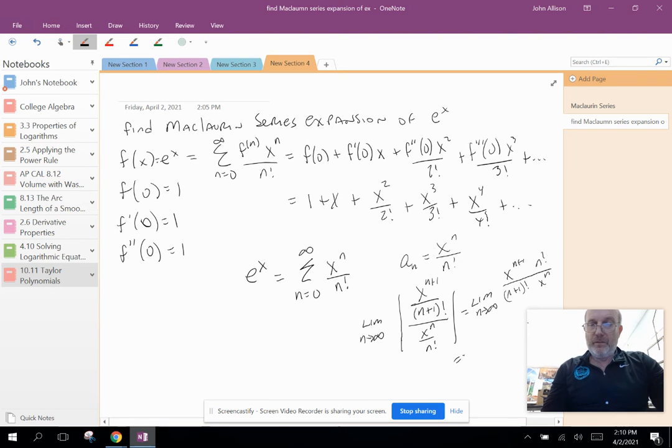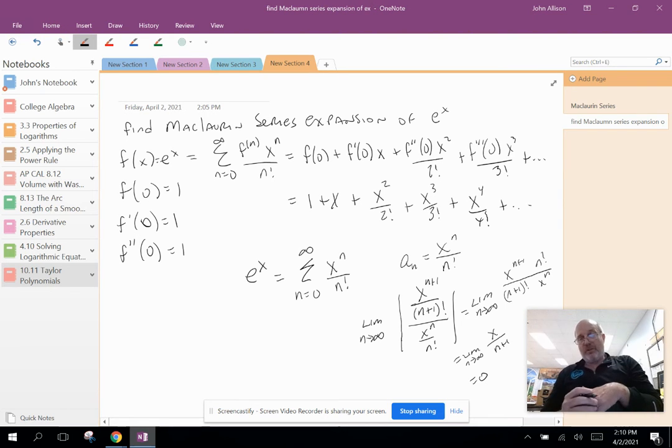That limit is going to equal the limit as n goes to infinity of, this is going to cancel x to the n in the numerator, and this is going to be n plus 1 times n factorial, so the n factorials cancel and give me n plus 1. So as x is fixed for any value x, as n goes to infinity, this term goes to 0. So by the ratio test, this series converges, and it converges to the value of e to the x for any x value, which is really pretty cool.